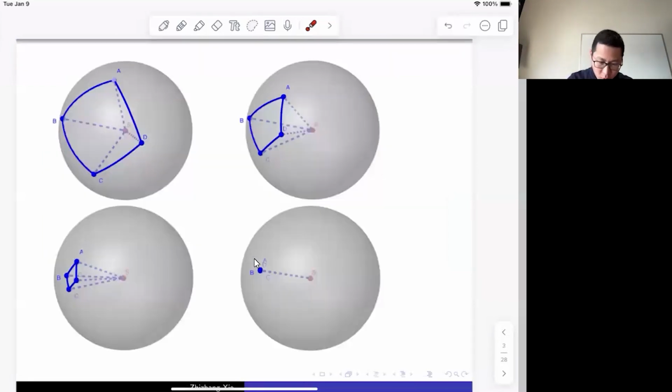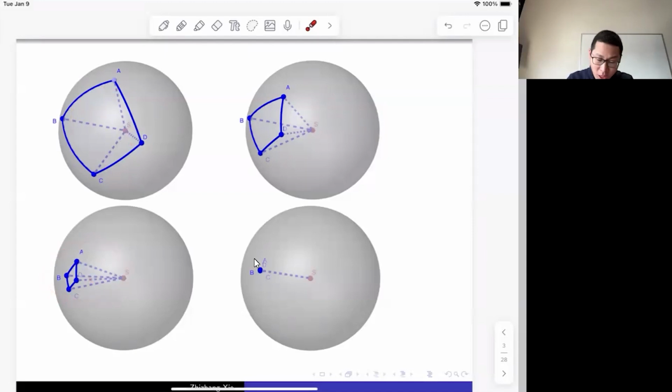Here's a picture. You start with, I guess, a two-dimensional spherical polytope, so the picture is three-dimensional. You start with a picture like this, and then you deform, make it smaller. The point is these dihedral angles are going to be no bigger than the corresponding dihedral angles of the original one.